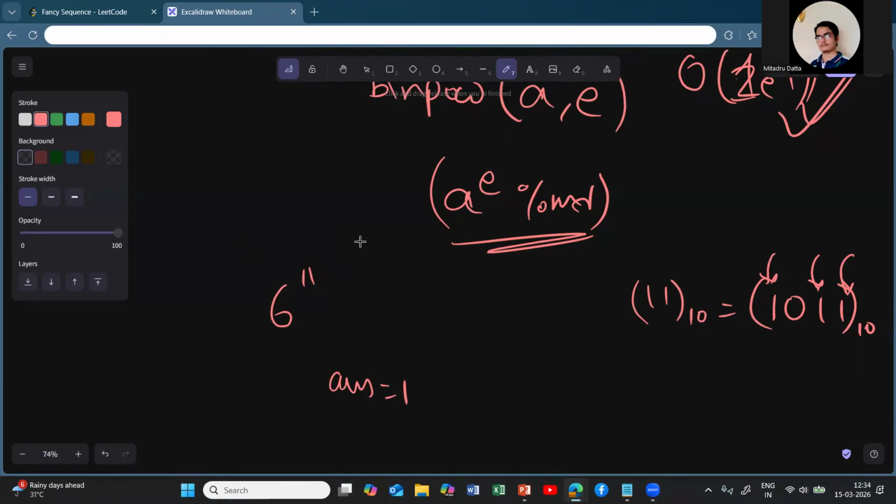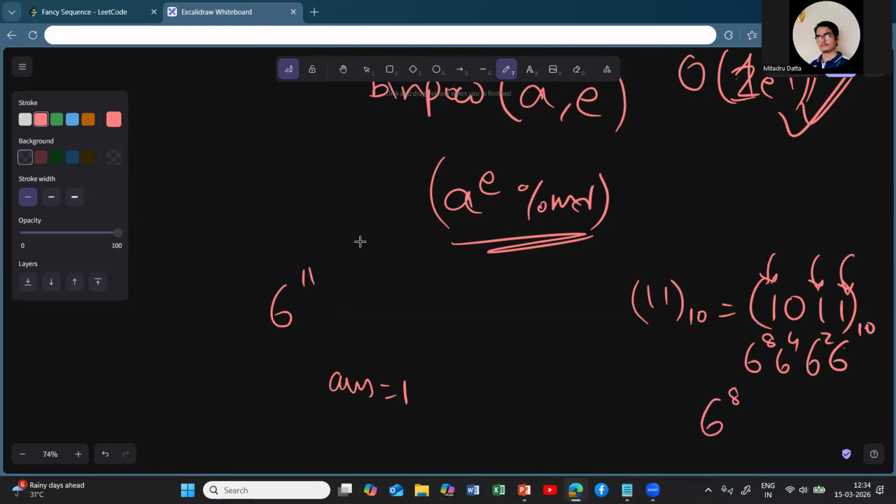So this will be nothing but 6 you are doing, right? 6, this is 6 square, 6 4, 6 to the power 8. If you think of it in this way, it is nothing but 6 to the power 2 to the power of i. Whenever there is a set bit, you need to multiply only those values.